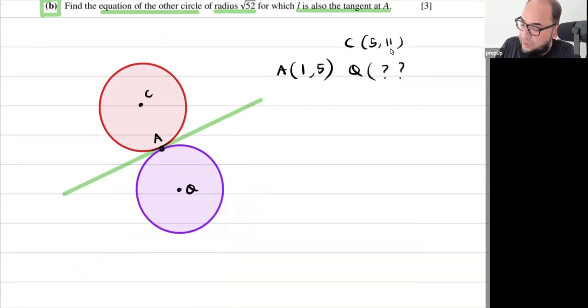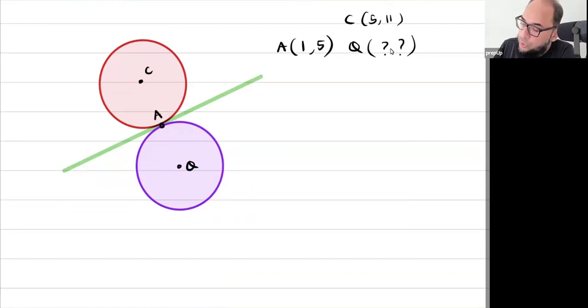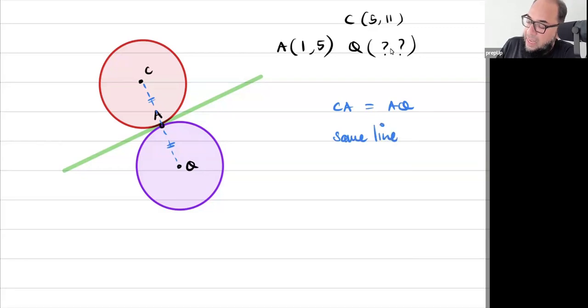Now the rule is that if this is a tangent, that means the distance from A to C should be the same as from A to Q. So these two distances should be equal. So CA should equal AQ and they are lying on the same line. And therefore A is the midpoint of CQ.